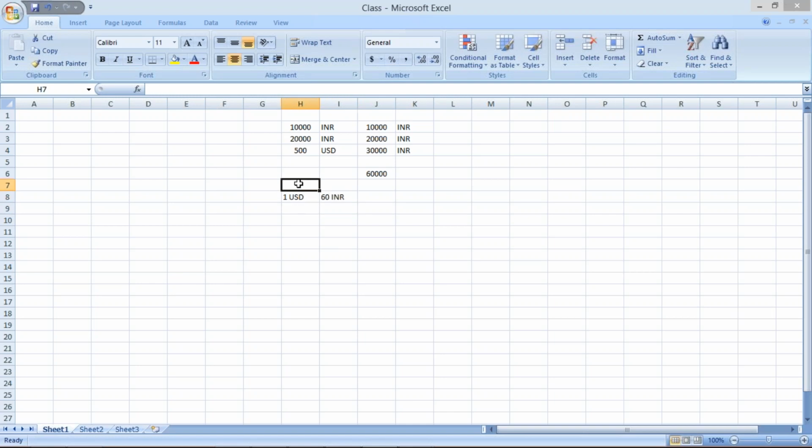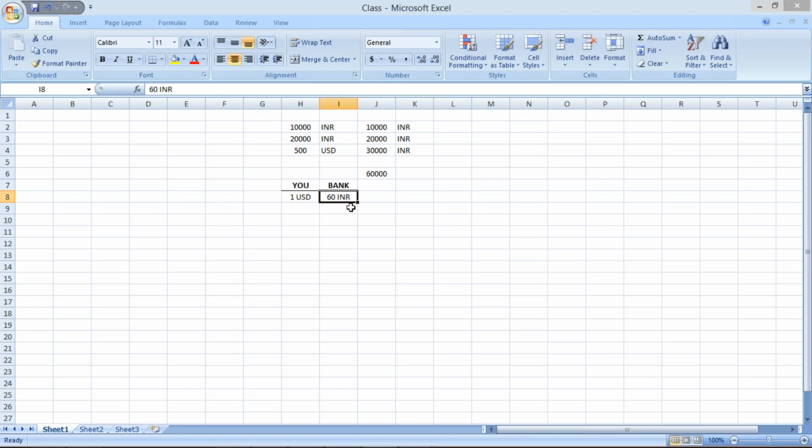Here it's you, in the sense your organization, and here is the bank. So now what is happening? You have 1 USD and you went to the bank. The bank is telling that I will buy this currency, but the price will be 60 INR.